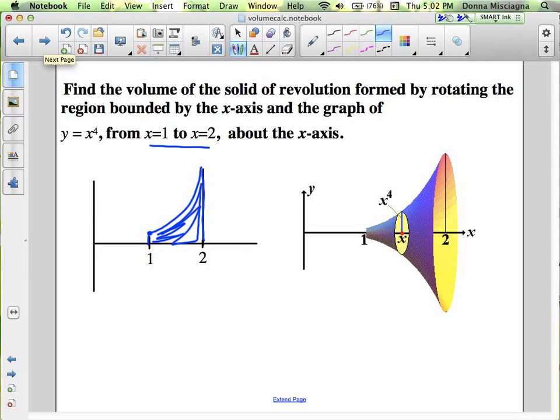Even though the function doesn't intersect our axis of revolution, it's this area under the curve that's being revolved. So that is a solid region. I don't know what this thing's supposed to look like. Maybe like a stand for a tree or something. You can see it over there, but it's not a funnel. It's not hollow, it's solid. I don't know what this is, but it's a solid something or other.